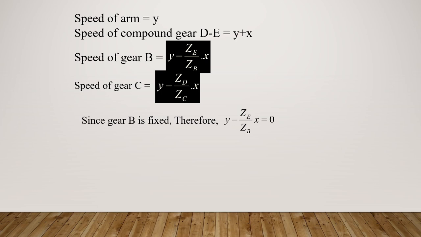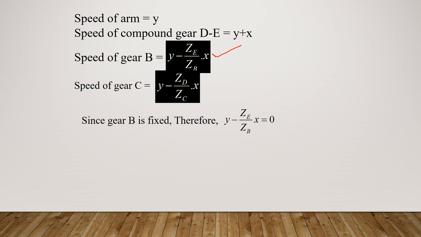Whenever an element is fixed, its speed remains 0. So the equation you got from the tabular column is this one. Equate this equation to 0, since we are told it is fixed.